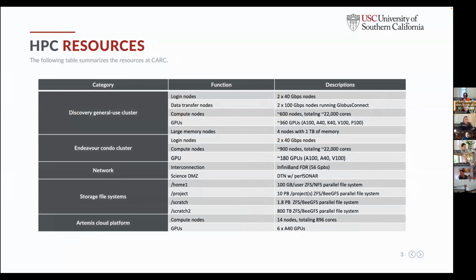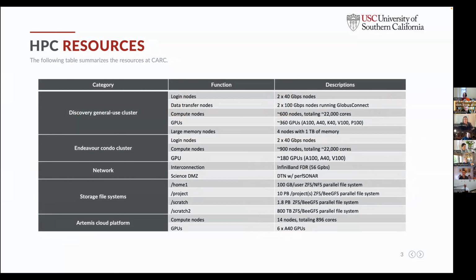So it's a snapshot of our resources. As you can see, we have about 1,500 compute nodes total, about 45,000 cores, and about 15 to 20% of them are GPU resources. We have FDR InfiniBand, but soon to be upgraded to NDR InfiniBand.